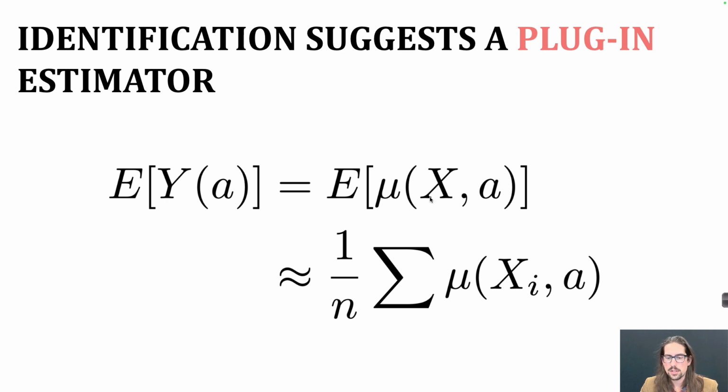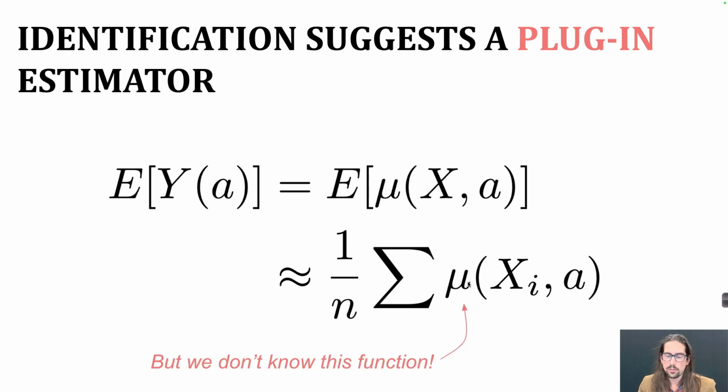And essentially this is asking, okay, if this person were treated according to value A as opposed to whatever they were actually treated at, what would the outcome have been? We collect all those values, we take the average. And of course, we can't take the population average, so we have to take a sample average. So this is our estimator.